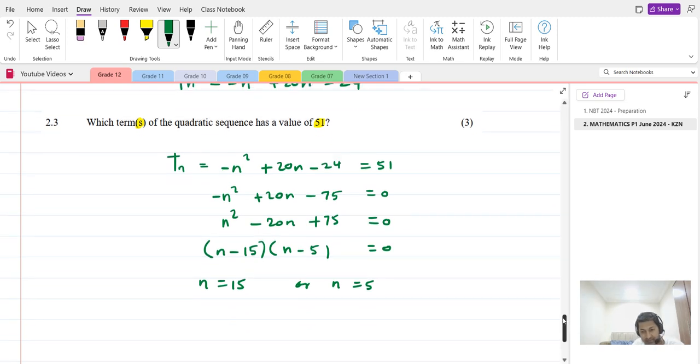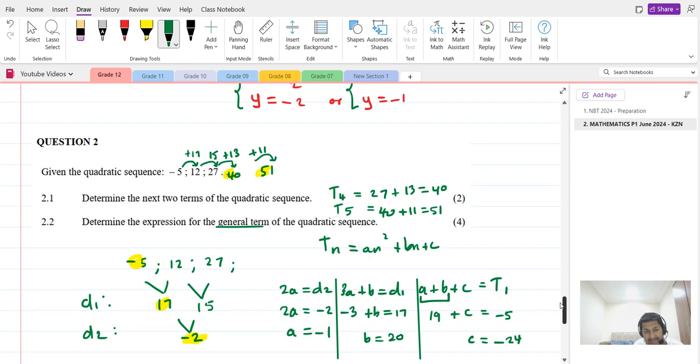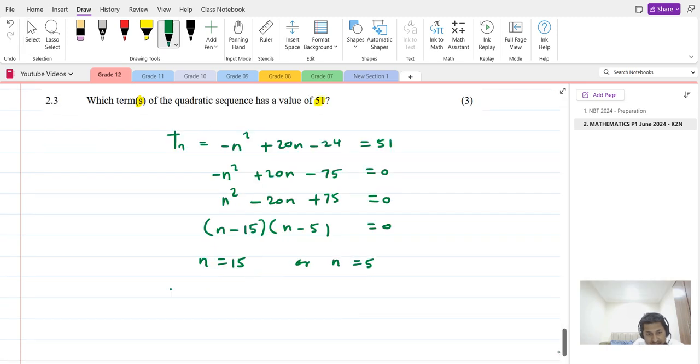Let's see if we did the right thing. Minus n squared plus 20n. Oh yes, we can check it out. So we're going to say term 15 is equal to 51, or term 5 is also equal to 51.